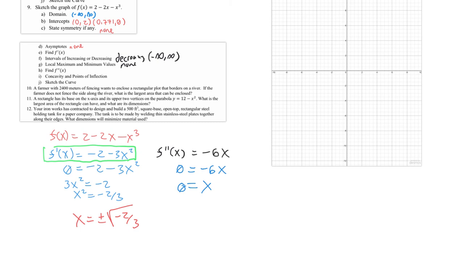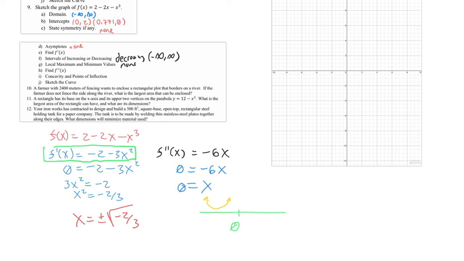And therefore, if we want to find concavity and points of inflection, we could then plot that critical value and test out this region, test out this region. So if I was to plug a negative number like -1 in for x of the second derivative, that would result in a positive number. So what that means is it's concave up here.